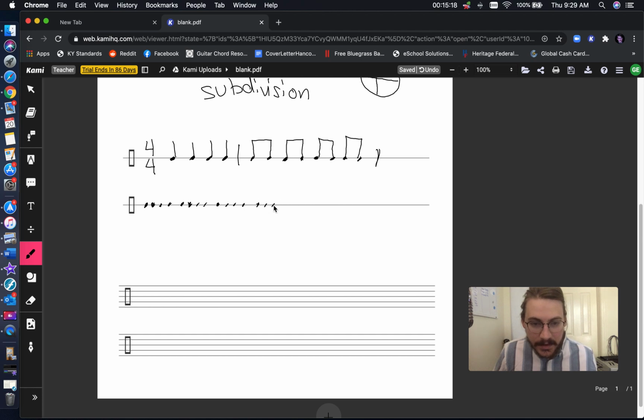Writing 16th notes takes time. As you can see, my process of writing 16th notes is very procedural.